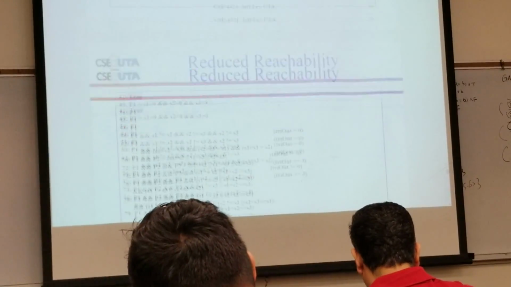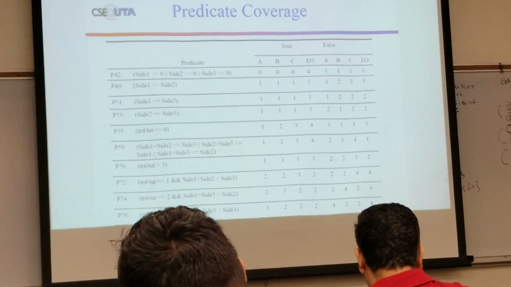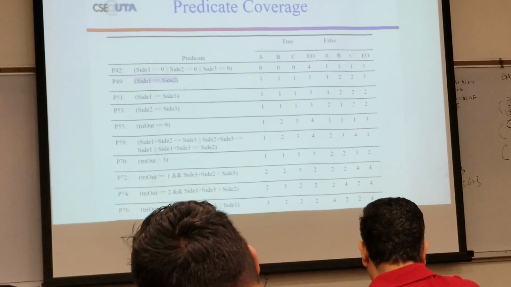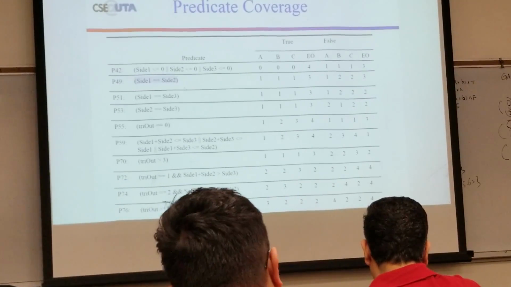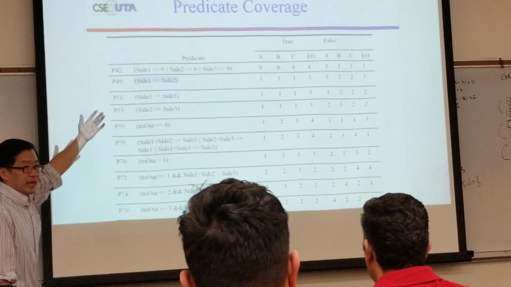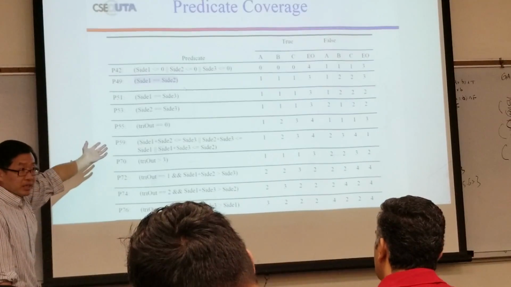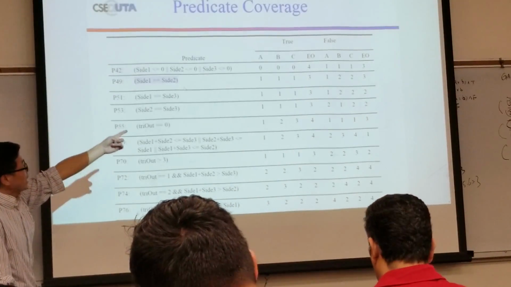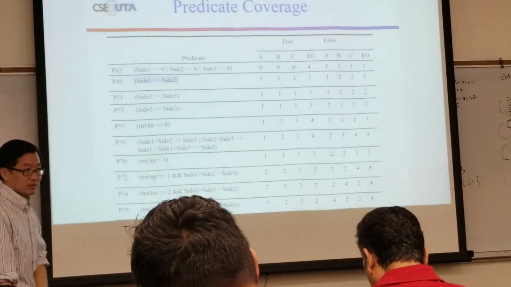However, if you look at other predicates, like 49, if you just want to generate test cases to satisfy predicate coverage, you only need to have test cases where S1 equals S2 and S1 is not equal to S2.